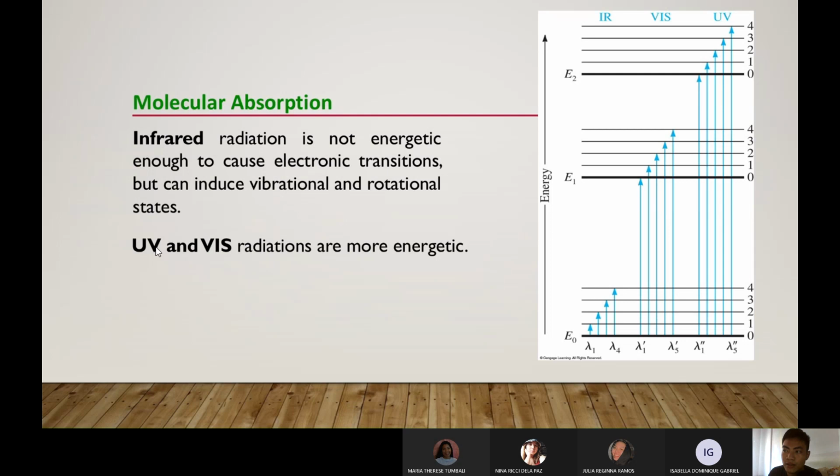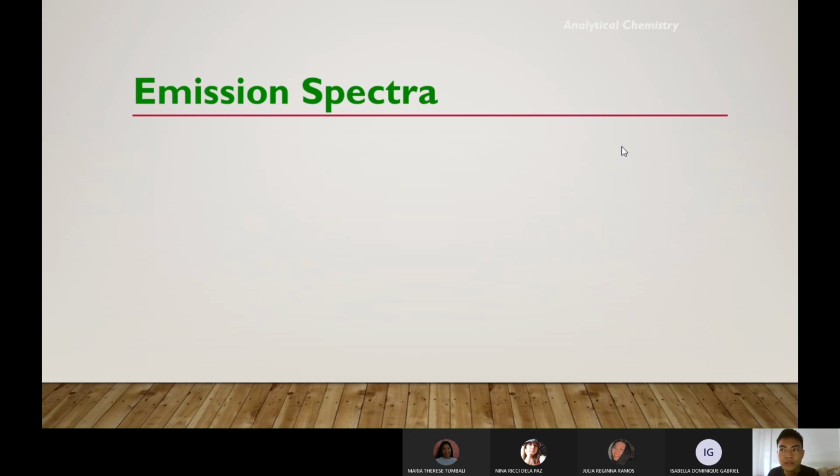Tapos, sabi natin, UV-Vis or UV and visible lights are more energetic. No? So, it can really jump the electron from one energy level to another. Okay? When you say emission spectra naman, kabaliktaran to ng absorption. So, ang absorption is from low energy level to higher energy level.